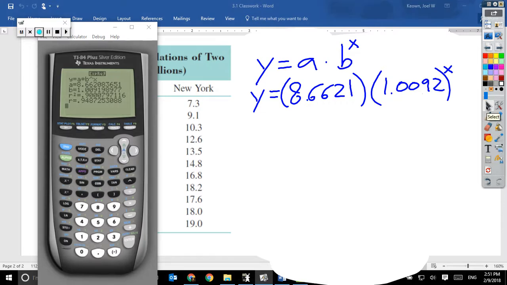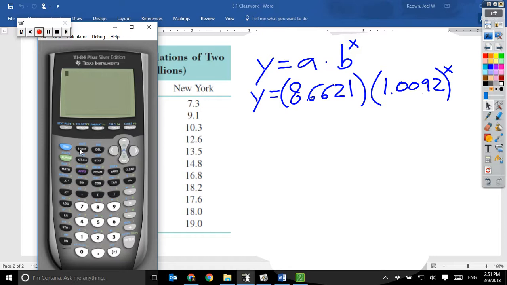And when you're doing this, make sure you put all your decimal places in there. I'm just doing this one just for example though. So I'm going to say, okay, I want to predict what is the population in 2015. So I'm going to say parentheses 8.6621 and then parentheses 1.0092 and x.